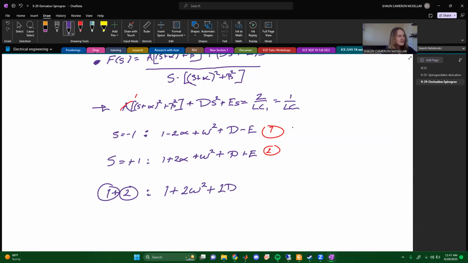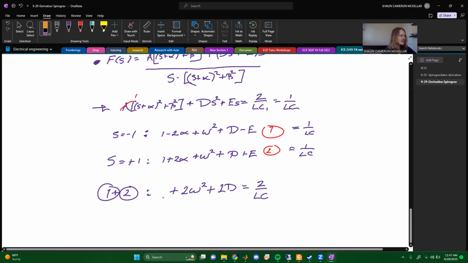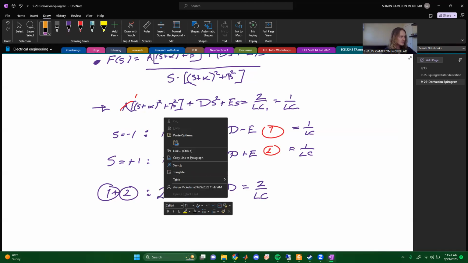Now remember, the right-hand side is just 1 over LC on both of these. So here I'm going to get that this is equal to 2 over LC when I added them together. So let's go ahead and solve for D. 2 over omega squared is 2 over LC. When I added these together, 1 plus 1 is 2.